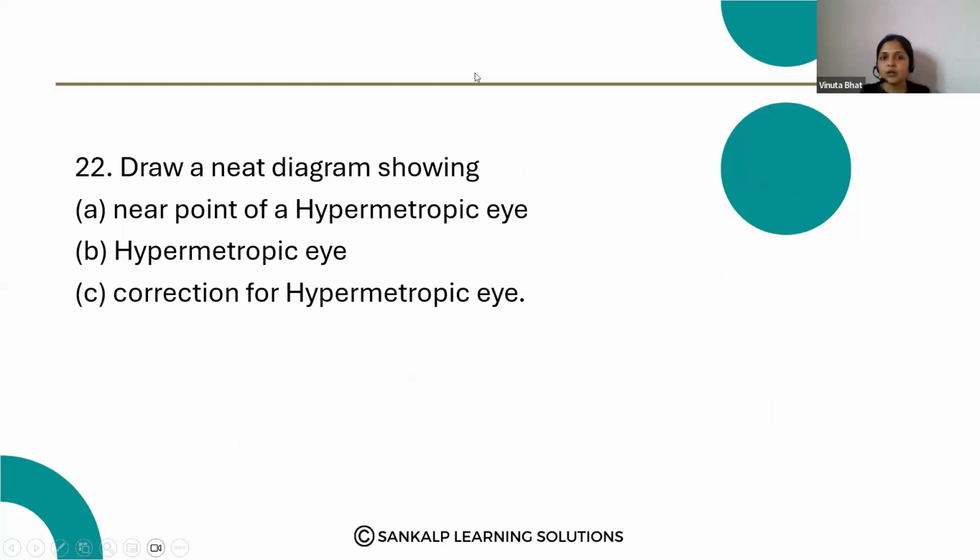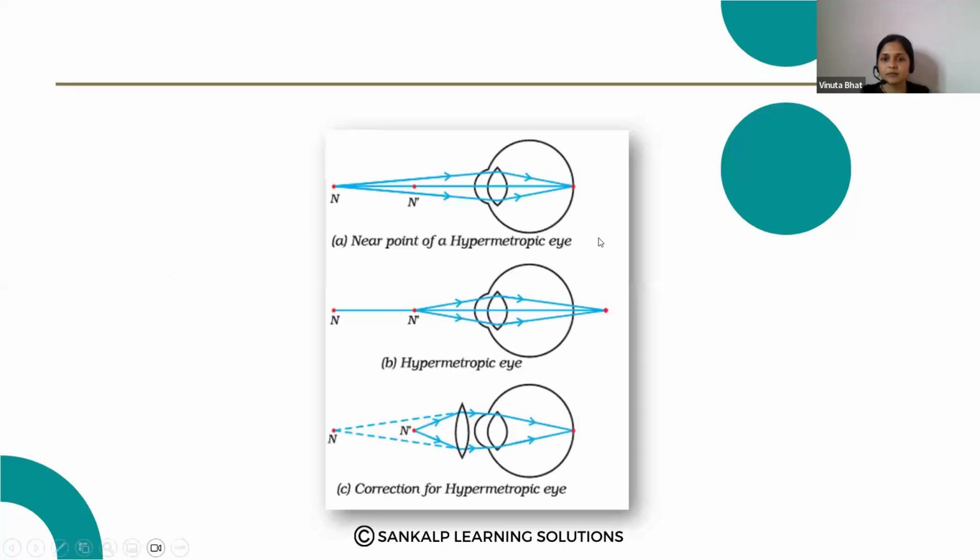Next question. Draw a neat diagram showing the near point of a hypermetropic eye and the correction for the hypermetropic eye. So this diagram represents the near point of the hypermetropic eye.